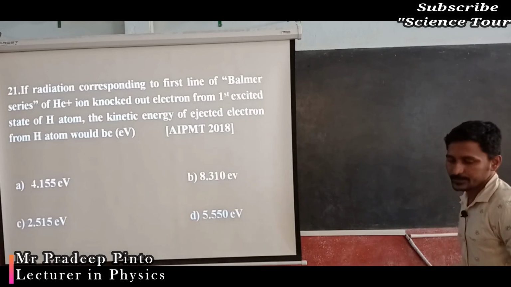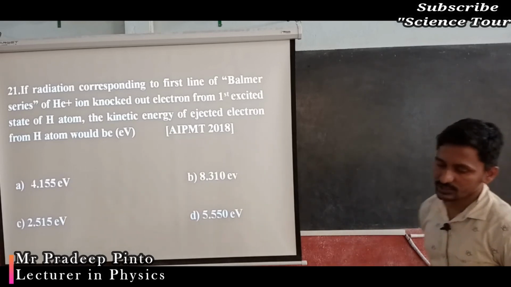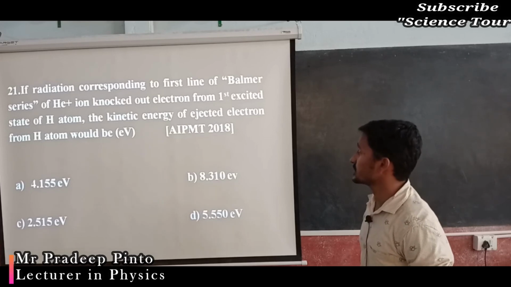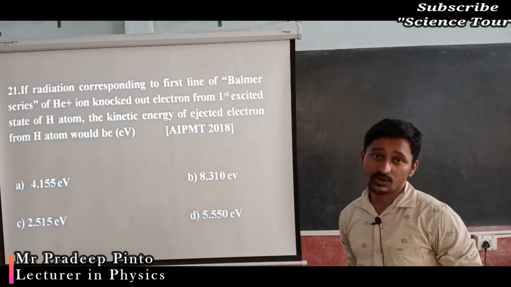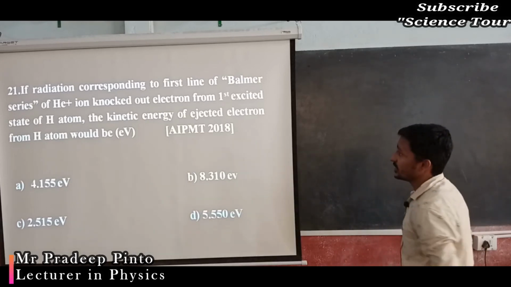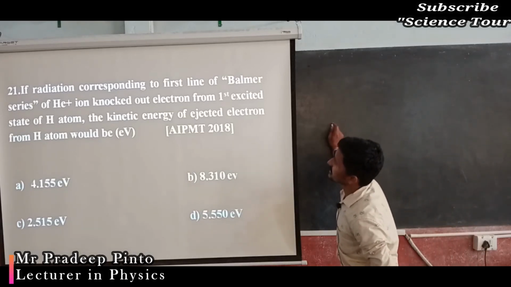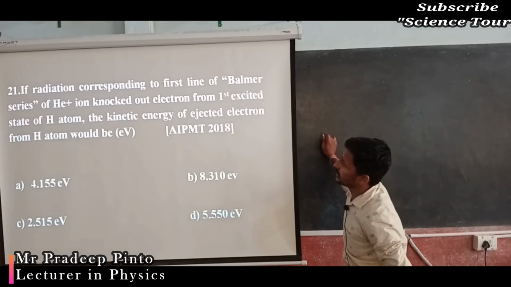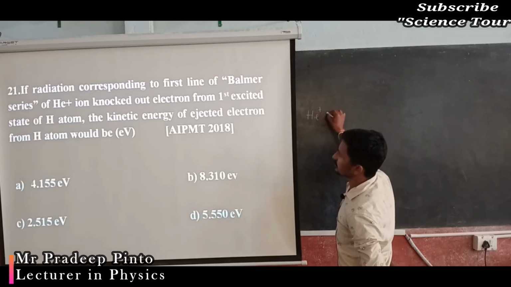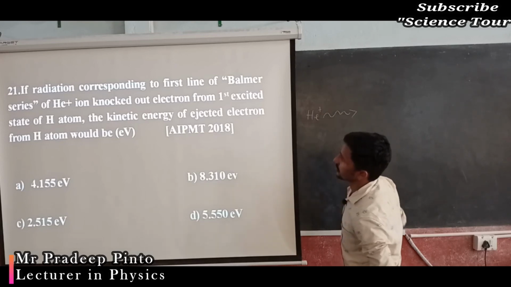Simple, right? Again, in the same manner you are going to take. So the radiation of the first, that is a vice versa question. Earlier question was in one way, this is in the same way. Okay. So now helium ion, the first line of the Balmer series of helium ion. Now helium ion will give you the Balmer series and one photon is ejected.